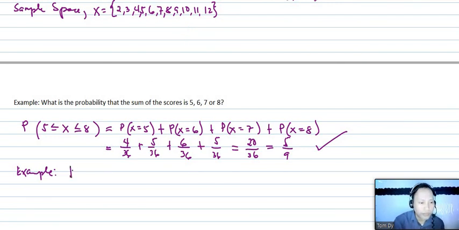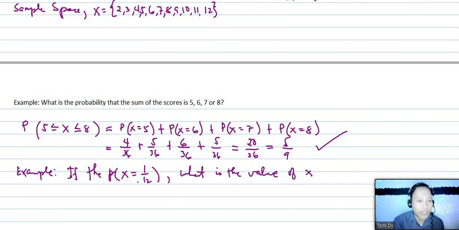If the probability P of x is equal to 1 over 12, what is the value of x? So, the probability when x is equal to 1 over 12.